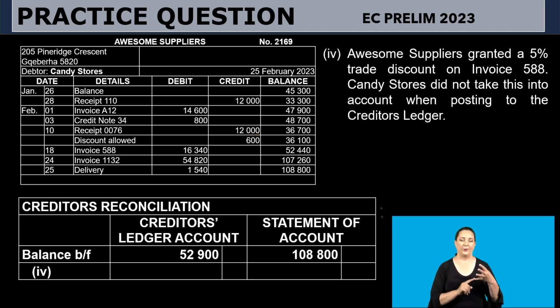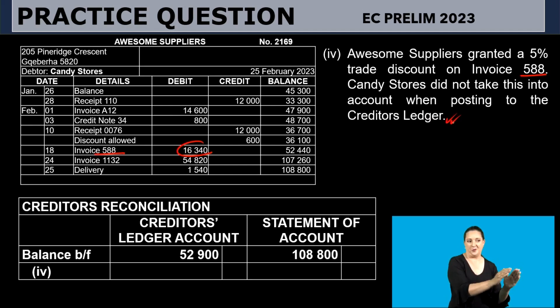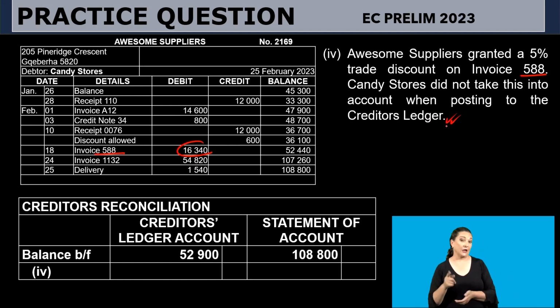Number 4. Awesome Suppliers granted a 5% trade discount on invoice 588, which is this one here. All right. Candy stores did not take this into account when posting to the ledger. Okay, so there's a discount of 5% that was granted.